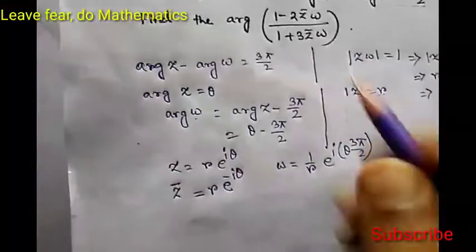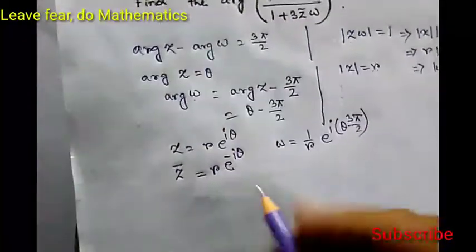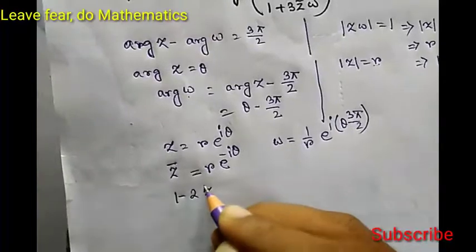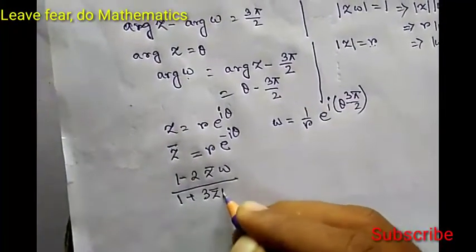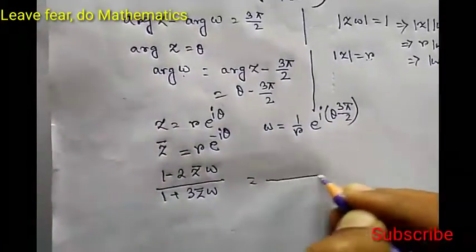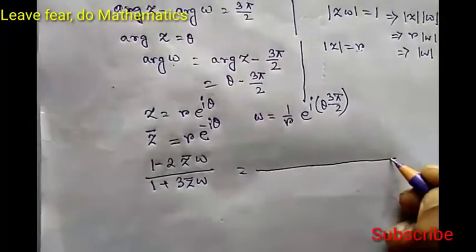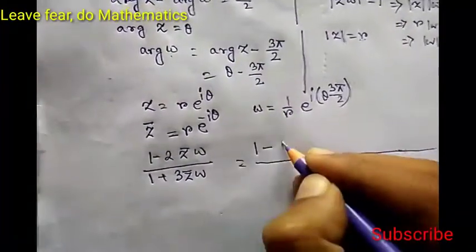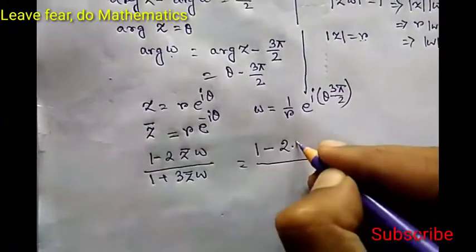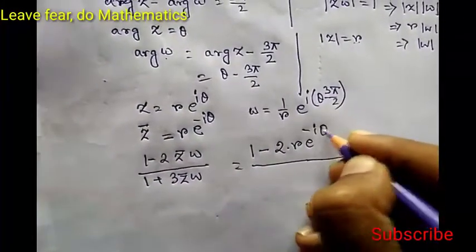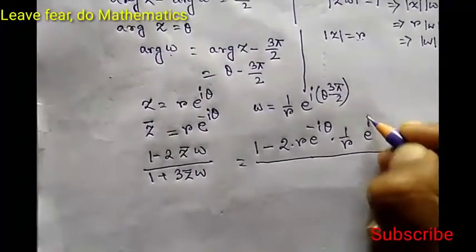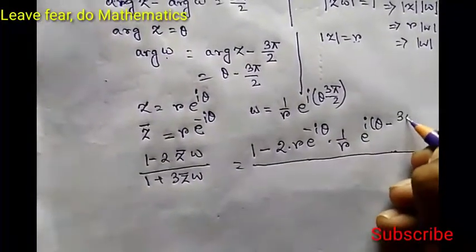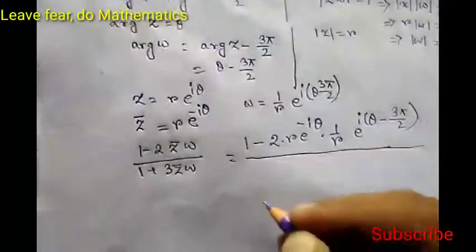Okay, so now let us write this expression 1 minus 2 Z bar W by 1 plus 3 Z bar W clearly. So 1 minus 2 times Z bar, meaning R e to the power minus i theta, into W, meaning 1 by R e to the power i into theta minus 3 pi by 2.